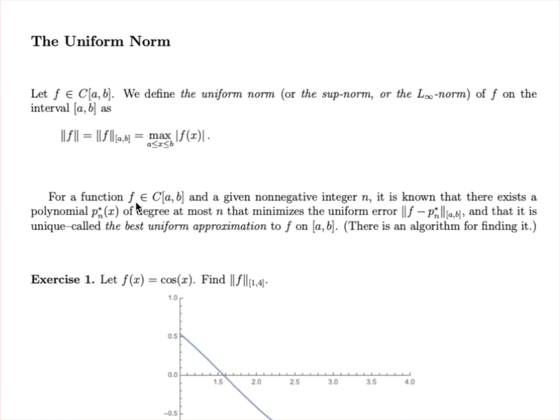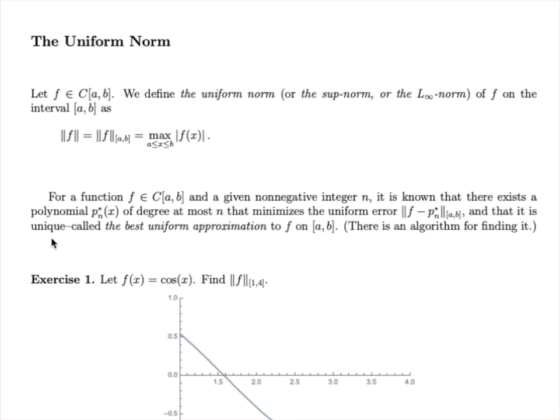For a continuous function f on a closed interval AB, and a given non-negative integer n, it is known that there exists a polynomial Pn star of x of degree at most n that minimizes the uniform norm of f minus Pn star.